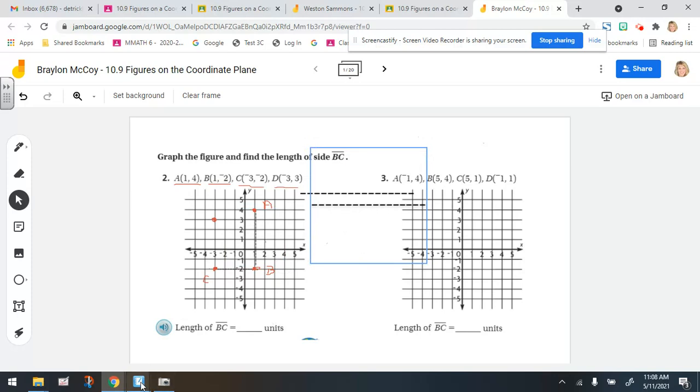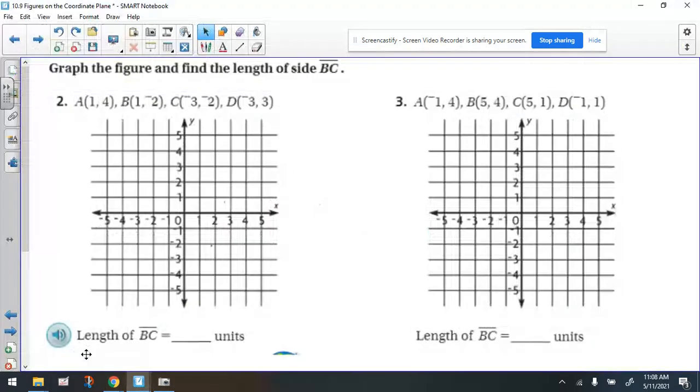And I just want to show you on my end, because I have the same thing here. If we went over 1, up 4, and then over 1, down 2, left 3, down 2, and left 3, up 3.